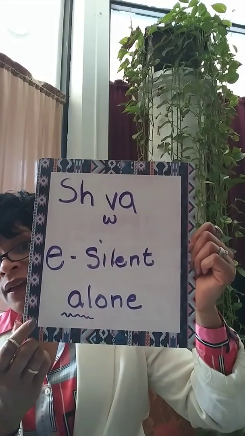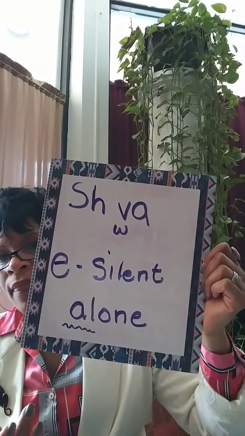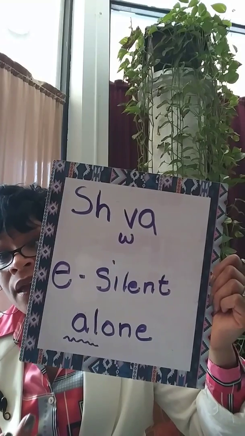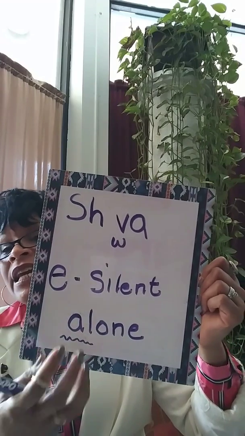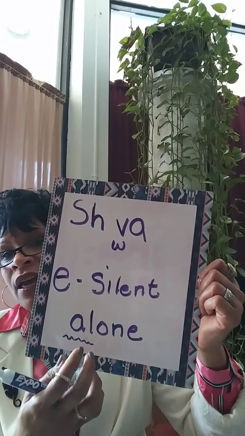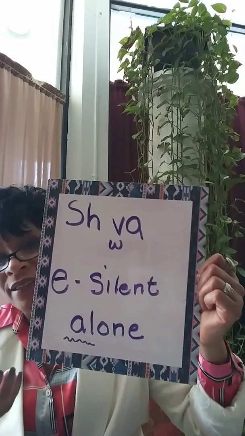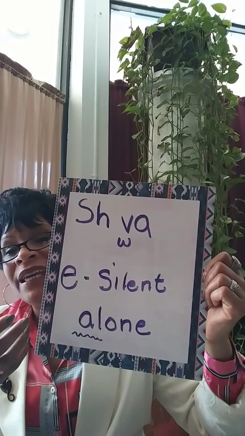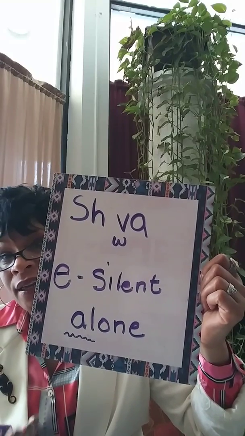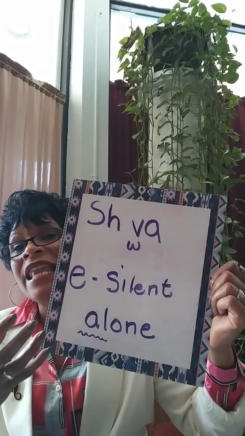So with "alone," we're not saying "a-lone" with a full vowel, but we're not saying "lone" either. We are giving it some space, some time, some recognition. You're giving it a feeling, but not a whole lot.